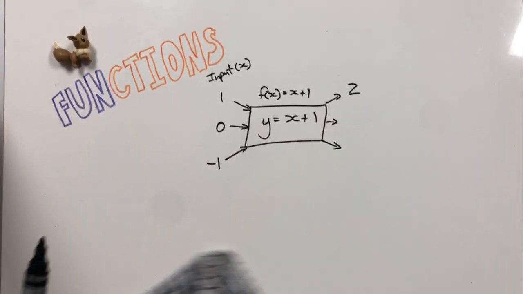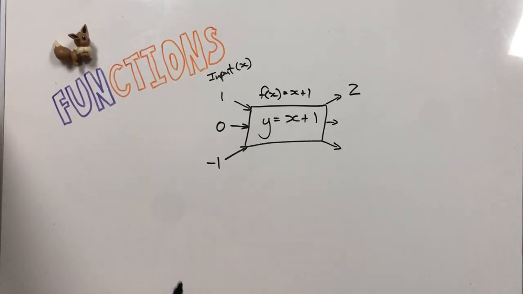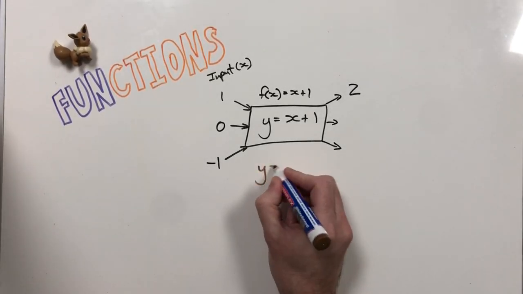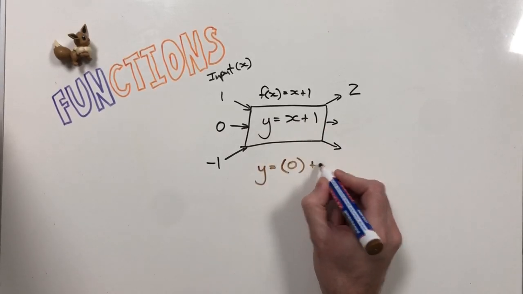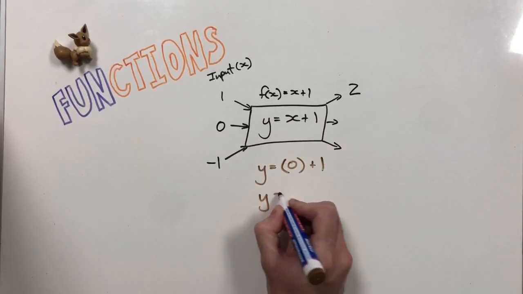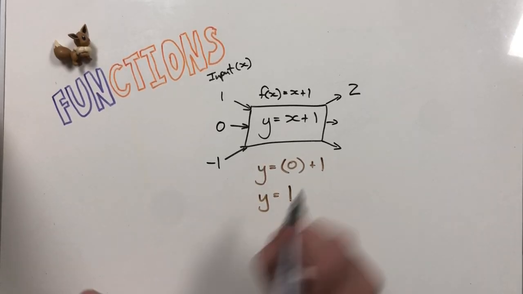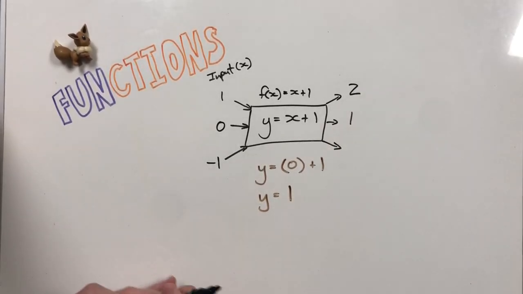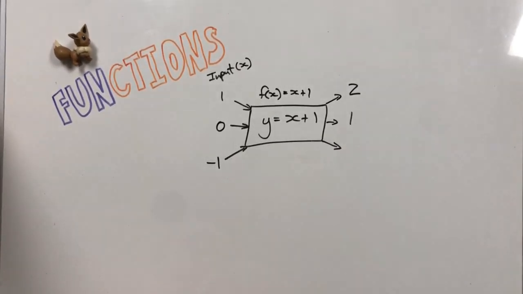If my input was 0, let's use a different color again. y is equal to, I put a 0 in the place of the x, plus 1. So y would be 0 plus 1, last time I checked, is 1. And I can write my 1 there. And then the next part is negative 1.